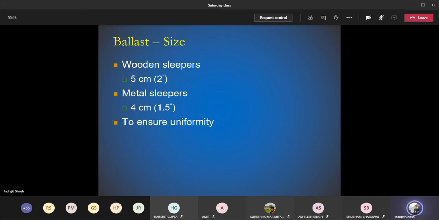But later they found that it is very difficult to say that for wooden slipper it is 5, for the metal slipper it is 4. So universally, in order to have uniformity, they said that we are going to use 5 centimeter of the ballast for all different sorts of slippers.